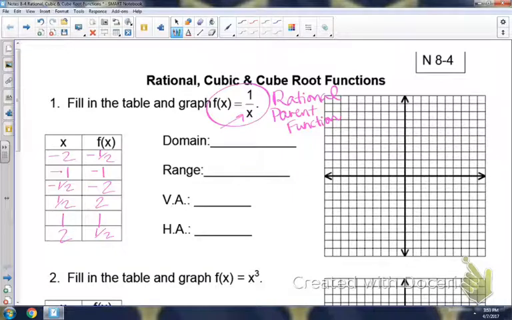Let's review real quick a vertical and horizontal asymptote. Okay, so vertical asymptotes, remember, is what causes your denominator to be 0. So we already talked about that. That would be 0, because if we plug a 0 in for x, we have 1 over 0. Okay, so the vertical asymptote would be x equals 0. The horizontal asymptote, remember when we talked about that, you're looking at the degree, which is your highest exponent.